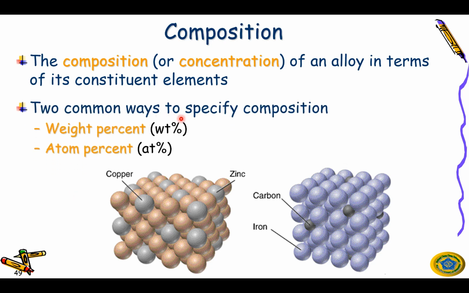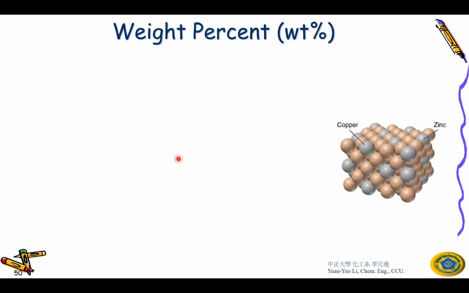There are two common ways to specify composition. You can specify by weight, or by the number of atoms. You use weight percent or atomic percent. First, weight percent.